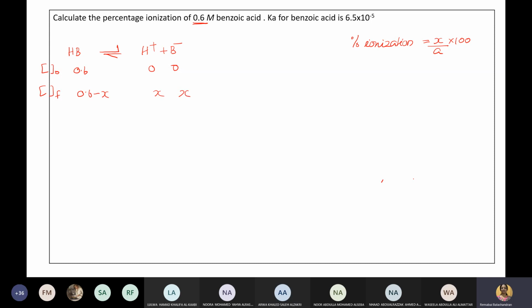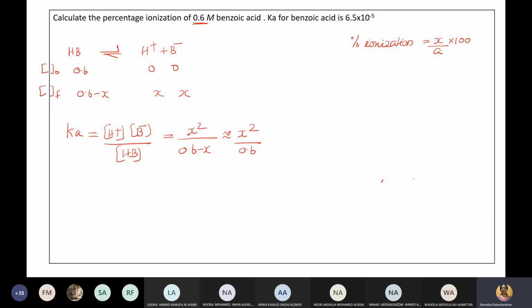Now, next step, please. Write the formula for Ka. Ka is equal to concentration of H plus times concentration of B minus over concentration of HB, which is x squared over 0.6 minus x, that I'm going to write approximately as x squared over 0.6.